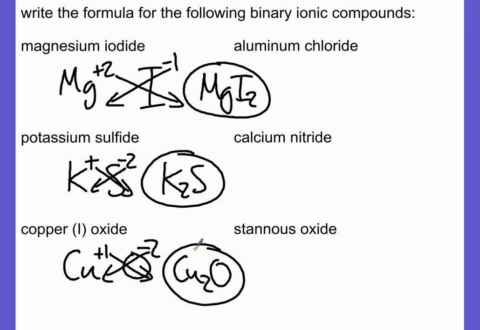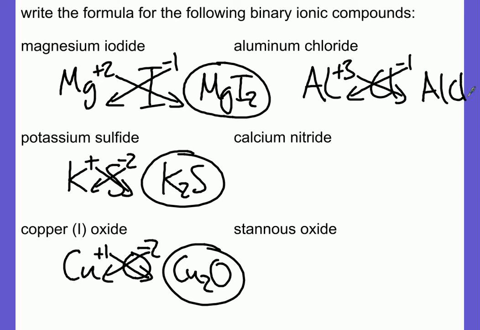Back up to the top over here, aluminum chloride. Aluminum has a +3 charge. Chlorine has a -1. So again, you cross. I need 3 chlorines for every aluminum. That's going to be my formula. Calcium nitride.